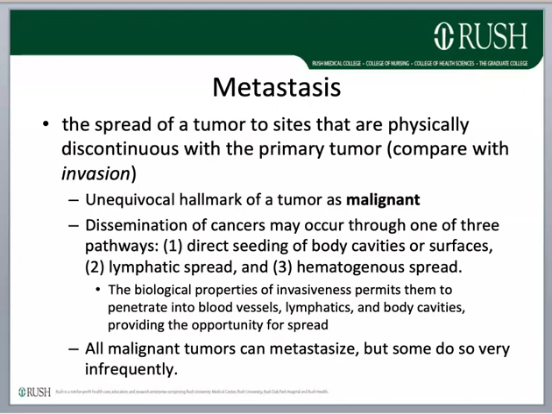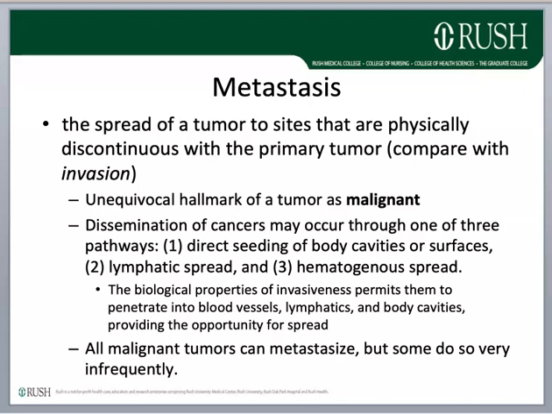So finally, let's talk about metastasis. This describes the spread of a tumor to sites that are physically discontinuous with the primary tumor. And so this distinguishes it from invasion, in which there's spread of the tumor in continuity to adjacent sites. So this is the unequivocal hallmark that makes a tumor malignant.